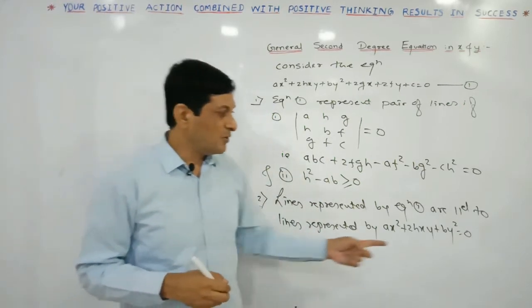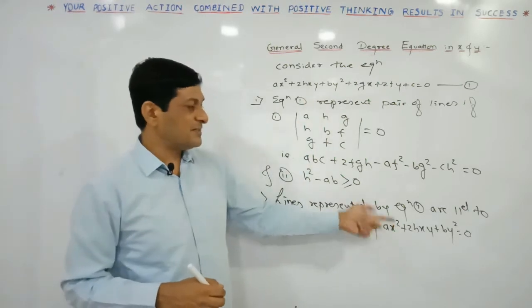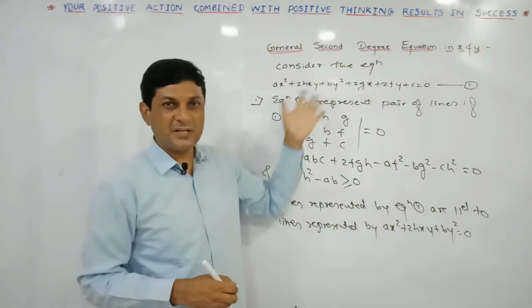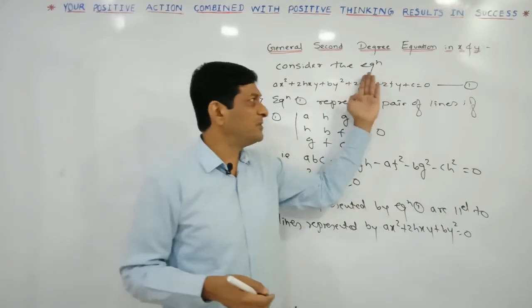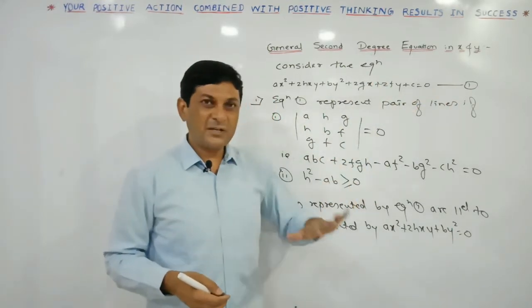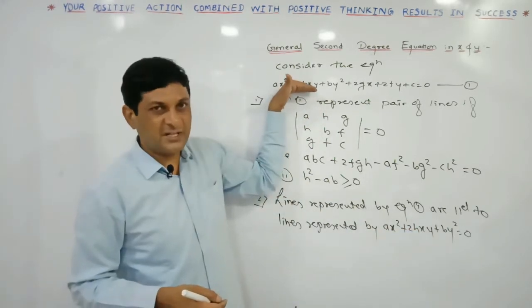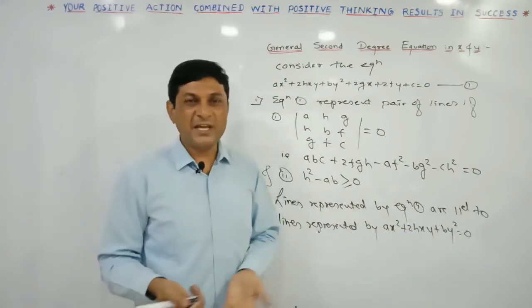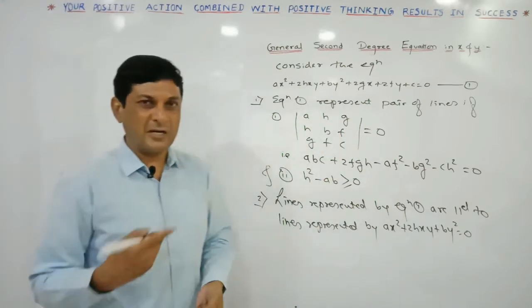Whatever may be the next three terms, the condition is that the first three terms are exactly the same, then we can say that the lines represented by the homogeneous equation and the general equation are parallel to each other.